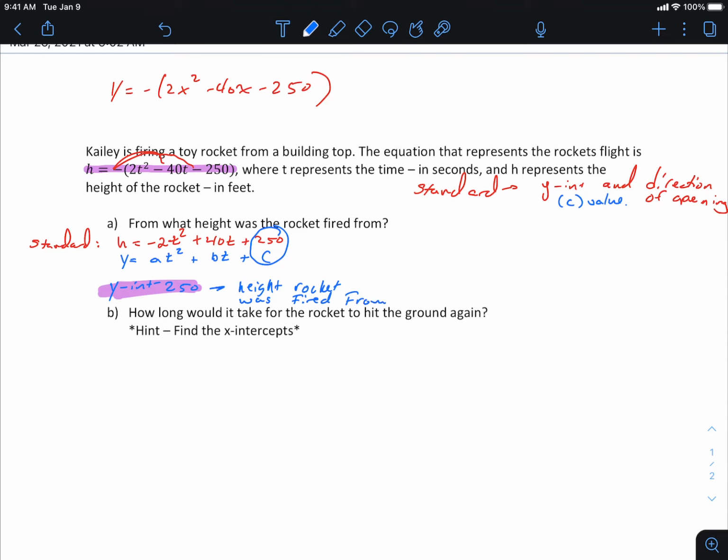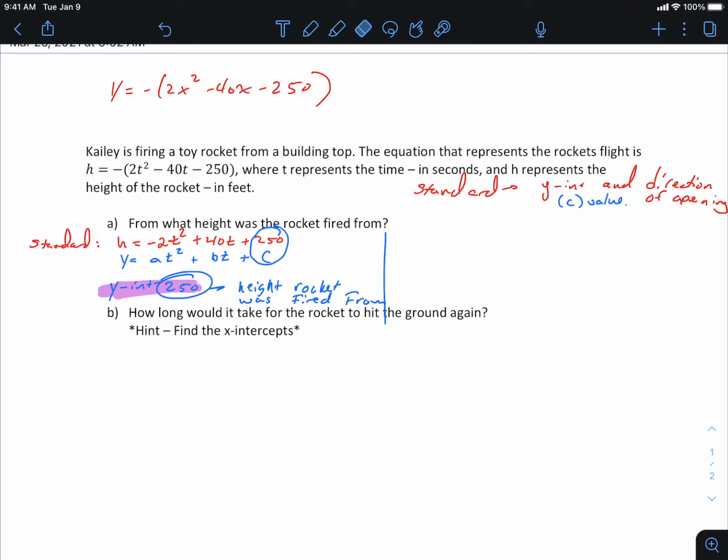Now, if somebody could, in the chat, just quickly, I'm going to ask a question. Can somebody tell me, and I'm going to prove that this is the answer for part A in a different way, like a math way. I want somebody to put in the chat for me, before I fire the rocket, what is my time value?